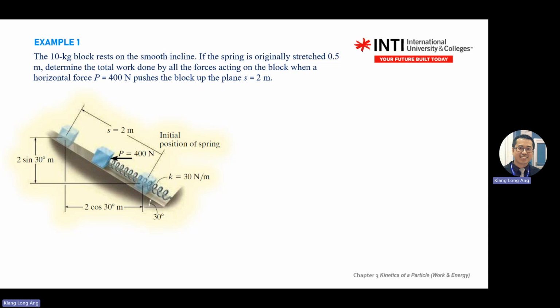Or you can maintain the forces but split your distance traveled in this direction, so that your vector for P and your distance traveled are in the same direction. Perpendicular, we don't care because perpendicular gives you 0 work.